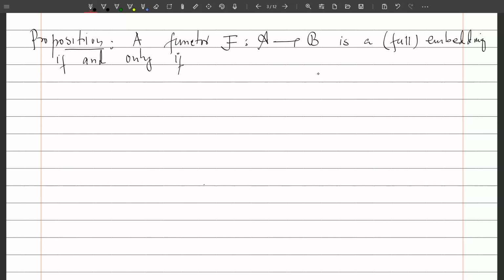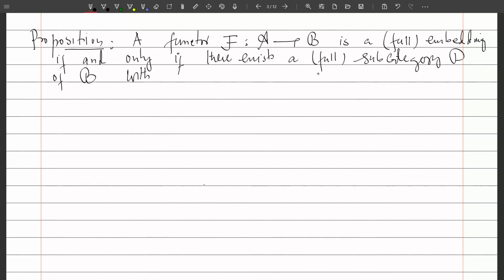there exists a full subcategory, say D of B, with inclusion. So we know when we have a subcategory, then we have the associated inclusion.